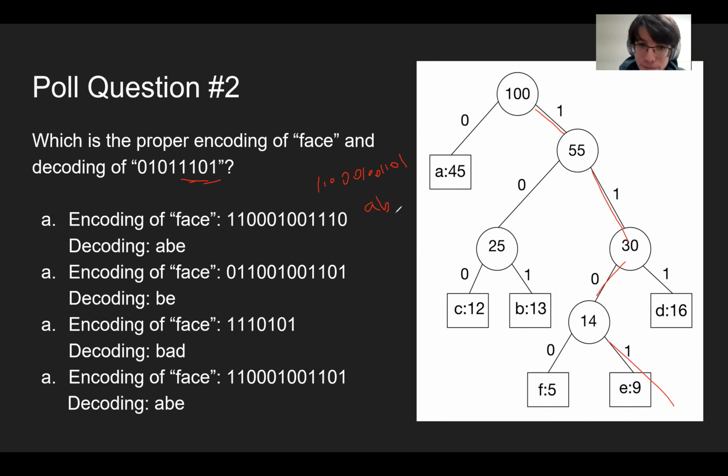That's going to give us E. So what we have here is, it looks like this one is the last answer. And there we go. So that's how we would do a problem like this.